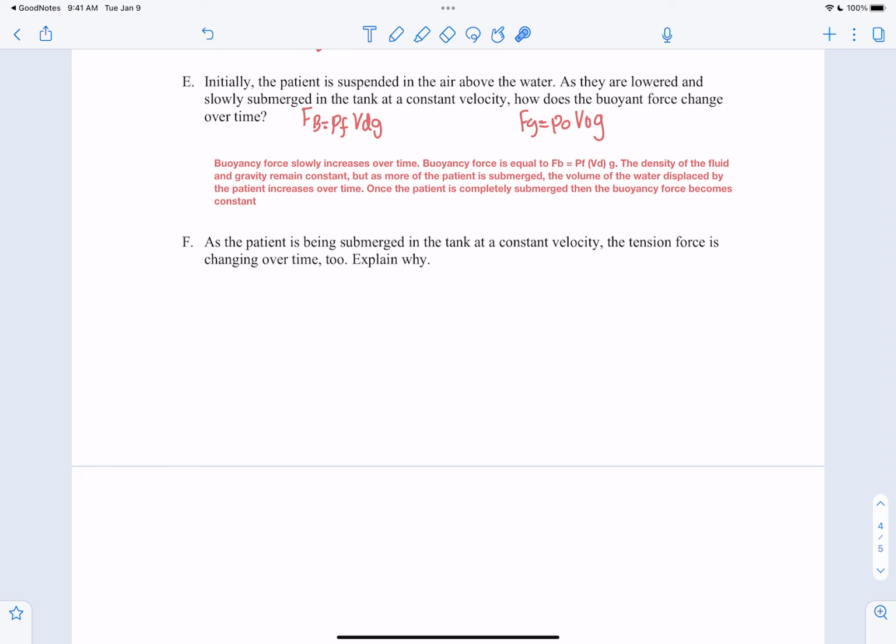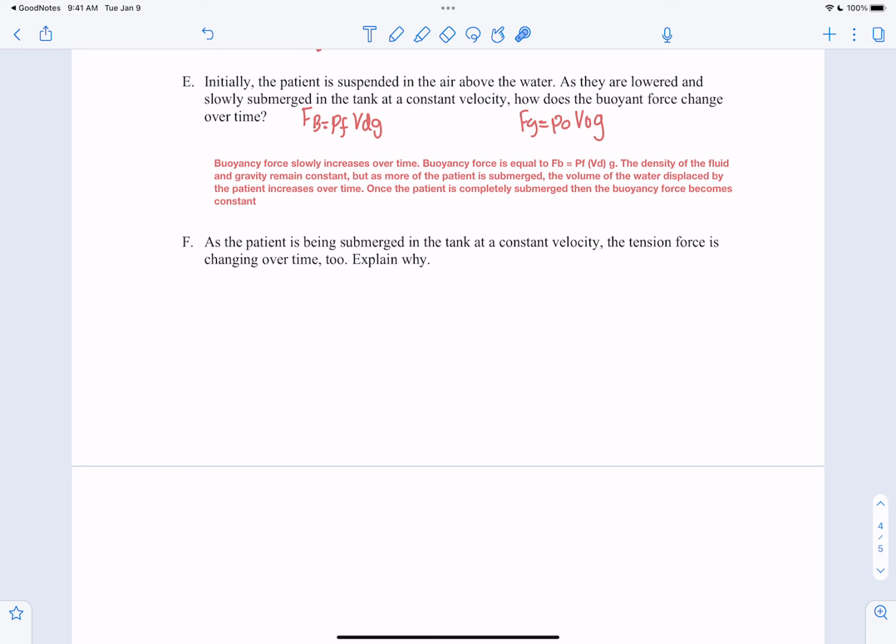Well, that's not funny, because if the tension force is too much, there would be a net force upwards. We want the patient to remain at rest. We want to relieve some of that tension, in order to make sure that the forces are still canceling out in the y direction.